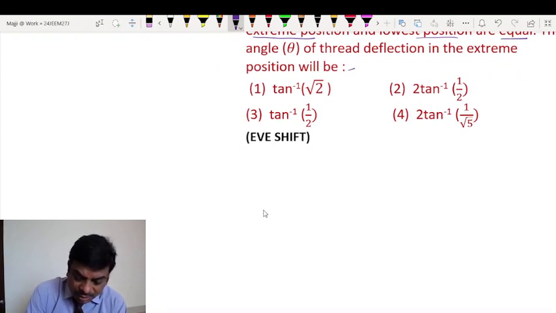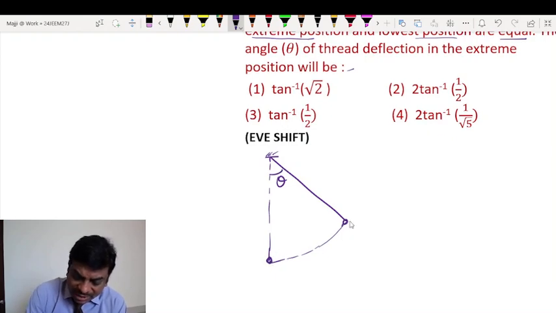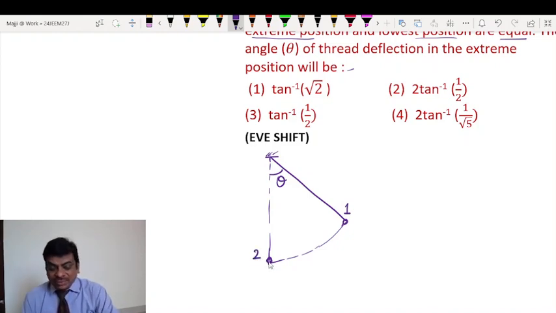Now let us draw the diagram. The diagram is something like this probably. This is the extreme position, this angle is theta. And as it comes down, you have this. So here it is given that the acceleration at, let us say, position 1 and the acceleration at position 2 are the same in magnitude.